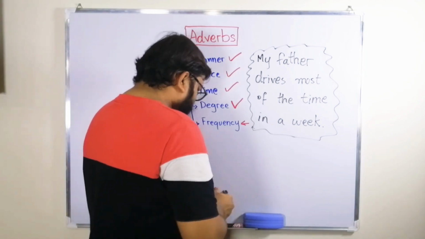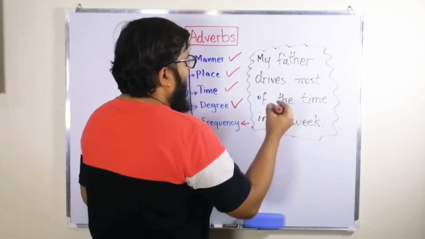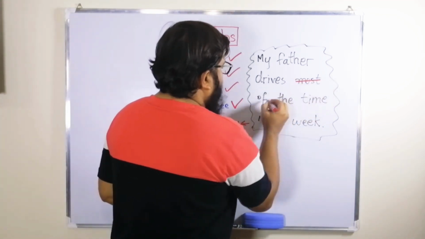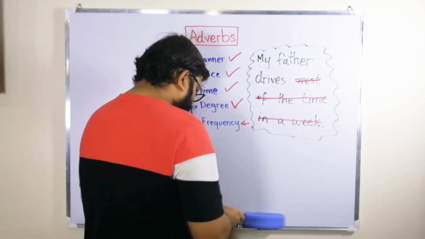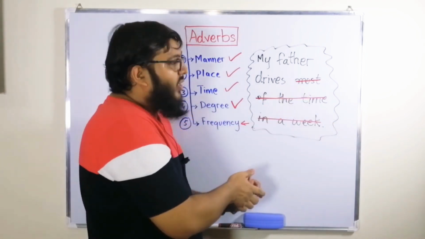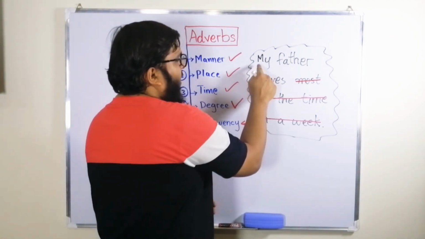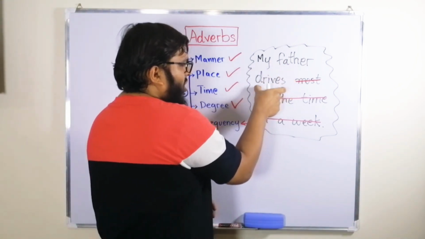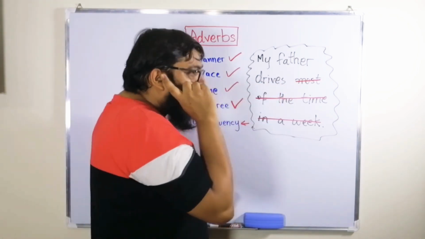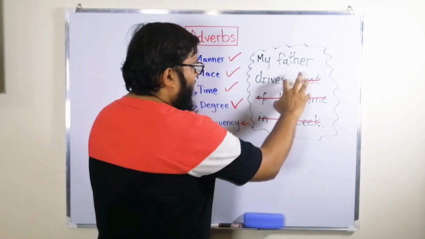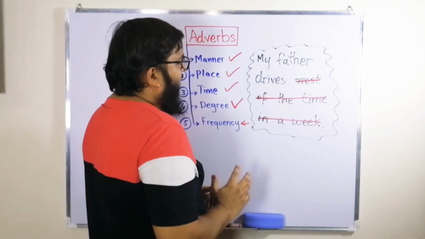What can I do? I can remove this part of the sentence, right? Because of this part, it seems a really longer sentence. So I could do one thing. I can say, my father drives, and I want to use just one word to give the whole meaning. Okay, and what can I do?